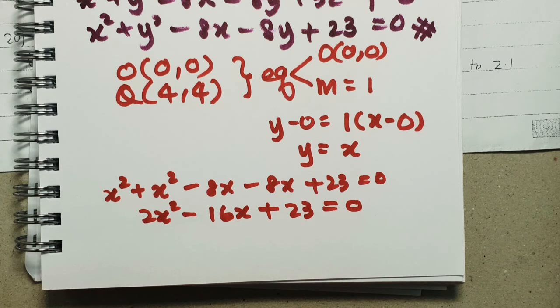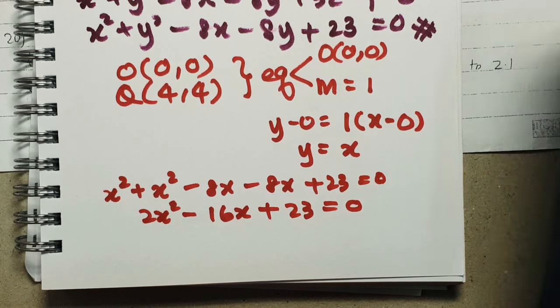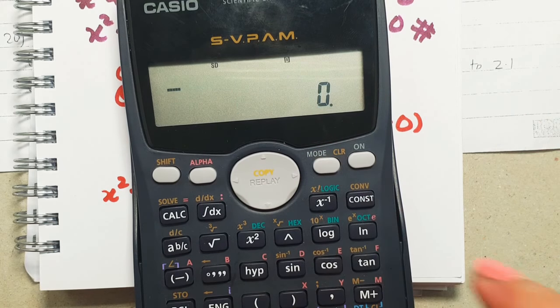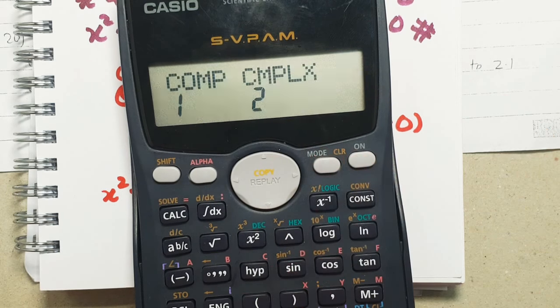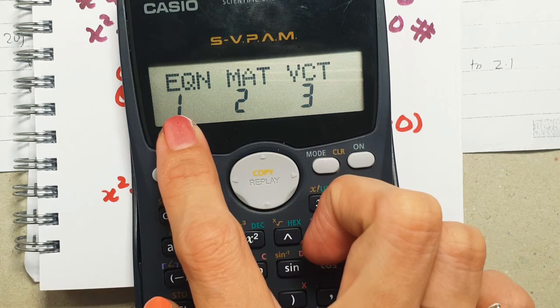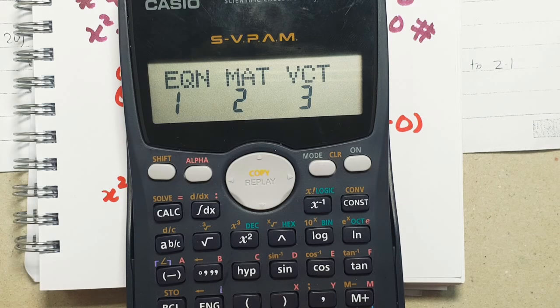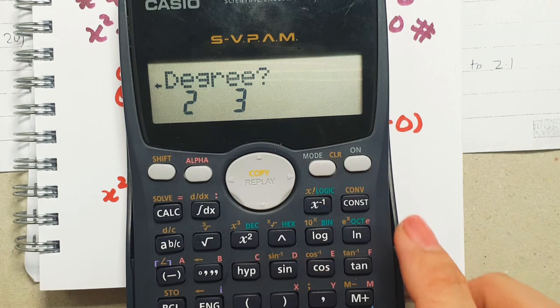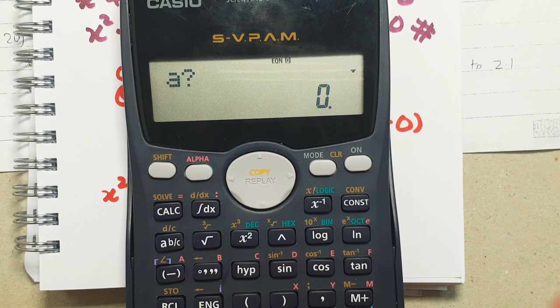So let's solve this one: 2x squared minus 16x plus 23. I do not want to waste time, so I use the calculator to help me solve this. Computational mode first. Now let's go to the equation: Mode 3, equation, choose number 1. The degree is 2 because the highest power is 2.